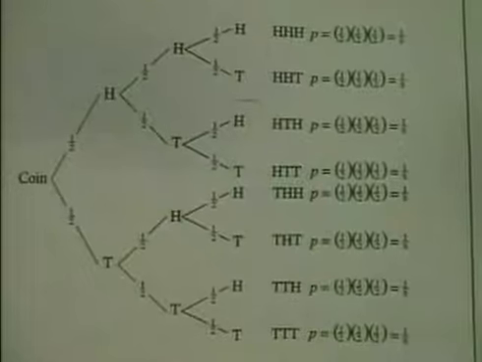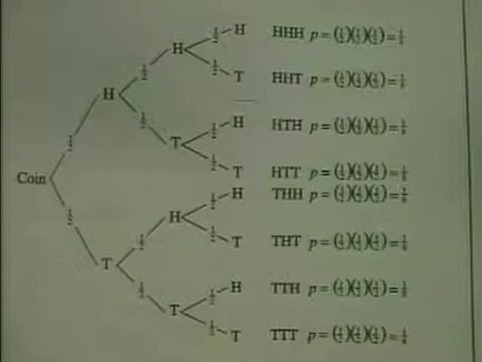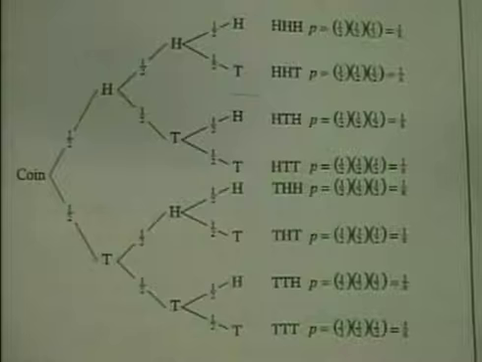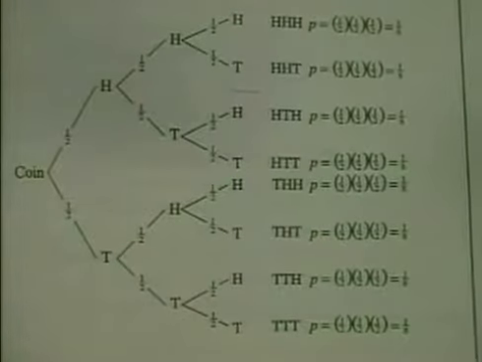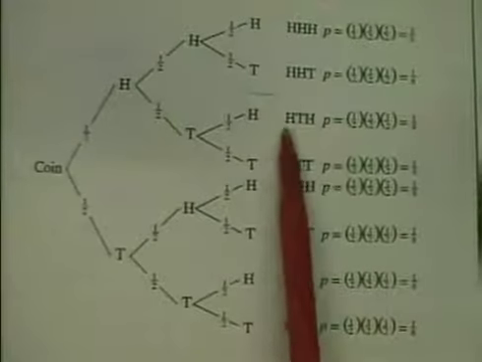Now let's look at 2 heads. How many ways can I get 2 heads looking at that diagram? Tell me, how many branches have exactly 2 heads? If you don't have the book, you can look at the screen. Do we agree that there are 3 branches with exactly 2 heads? Here is one right here. Here's another one.